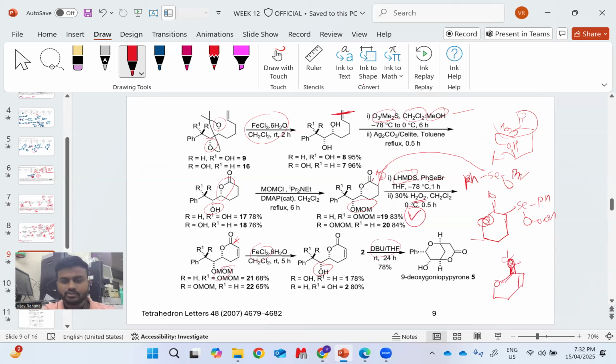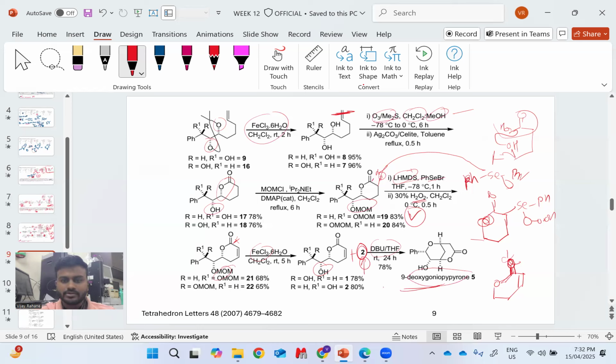Then the addition of this compound and again reagent two. I'm not sure what these reagents are, but upon this coupling, the final natural product is formed.